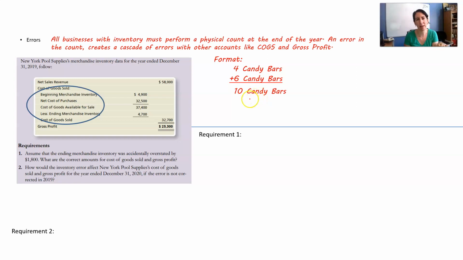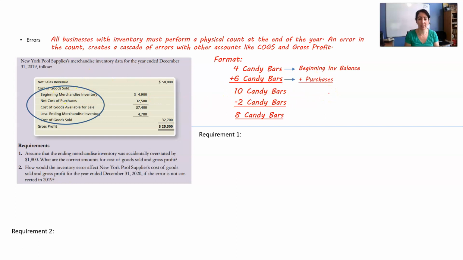Now I don't count how many animal crackers I'm eating. Maybe I had a long night. I ate a bunch of the animal crackers and I look in the morning. In the morning, I've only got 2 left. So if that's the case and I had 10, and I have 2 left in my inventory, I must have eaten the other 8, right? Well, that's exactly what's going on here. So, my beginning inventory was the 4 that I started with.